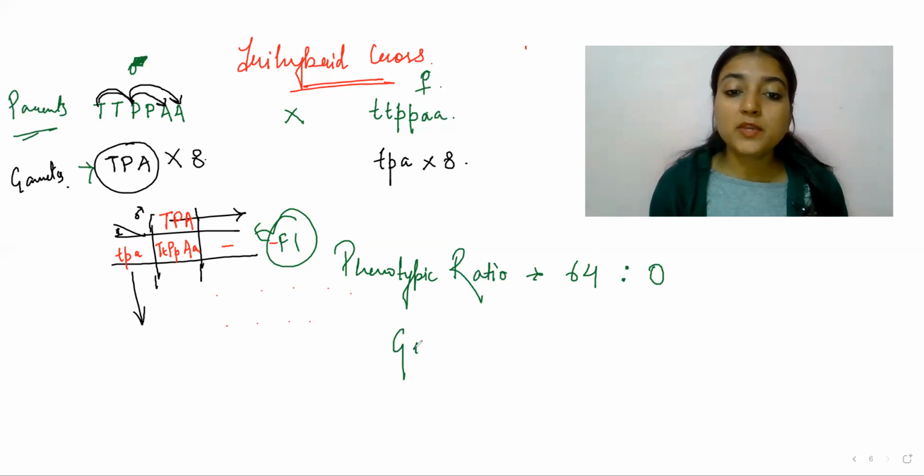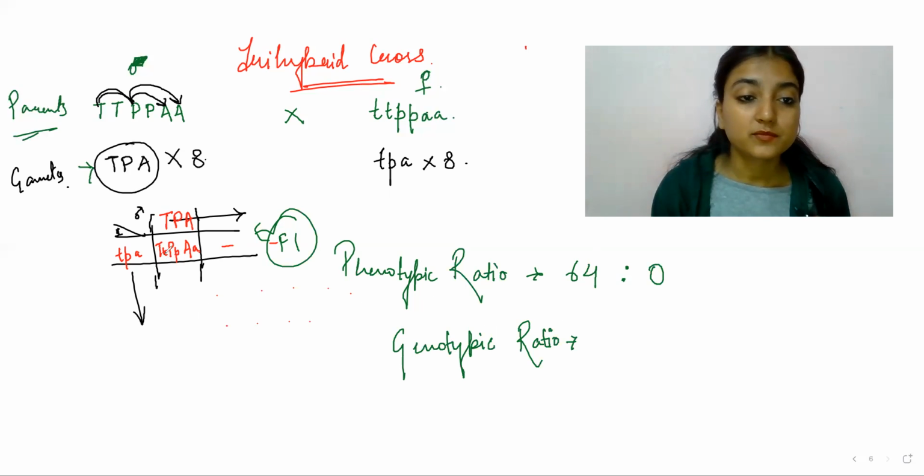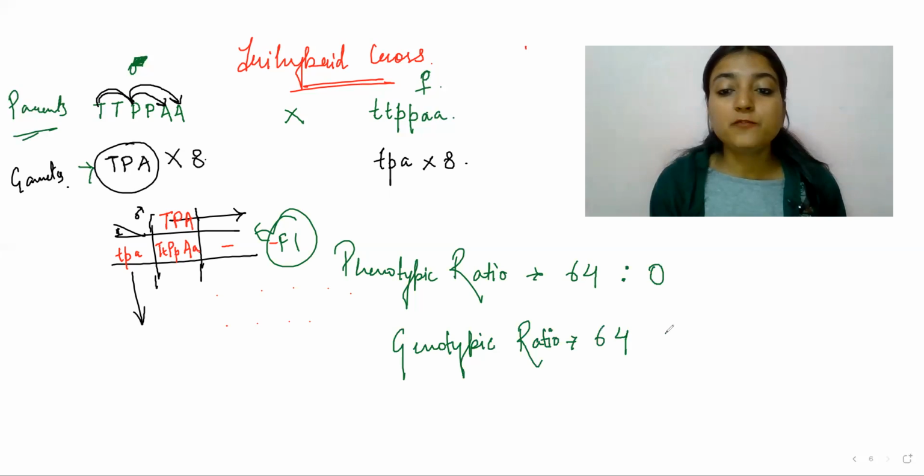And the genotypic ratio will be heterozygous tall, heterozygous purple, and heterozygous axial. So again it will be 64 is to 0. So the phenotypic and genotypic ratio will be 64 is to 0 in the F1 generation in a trihybrid cross.